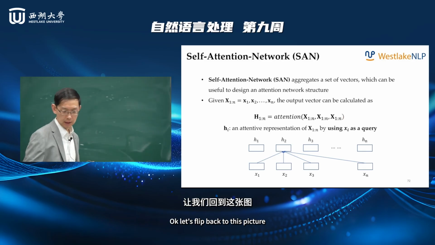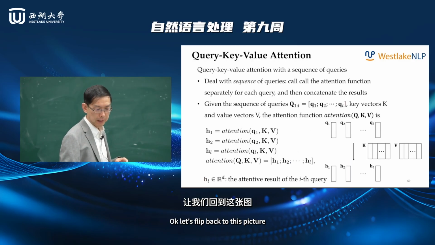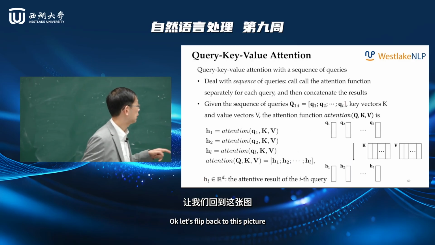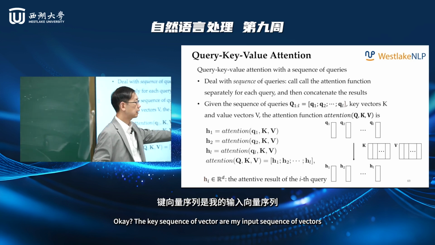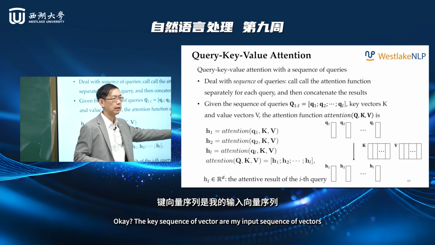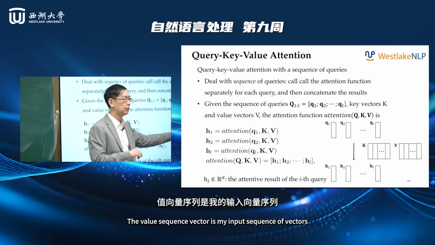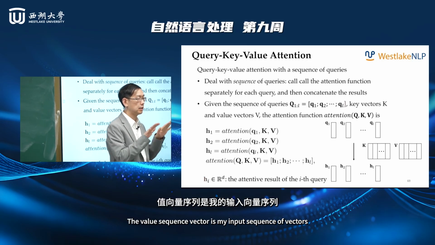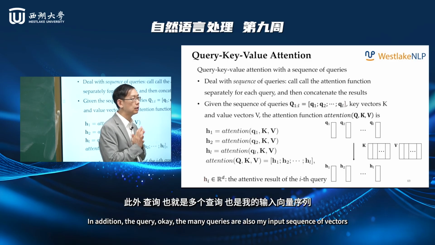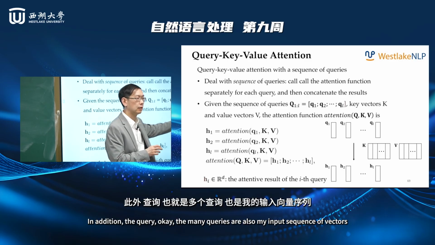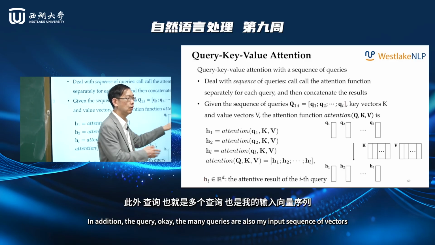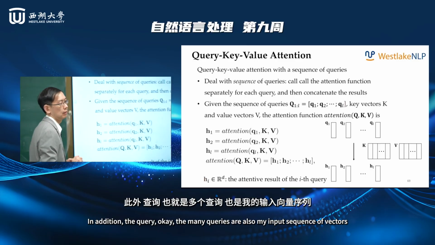Let's flip back to this picture. The key sequence of vectors is my input sequence of vectors. The value sequence of vectors is my input sequence of vectors. In addition, the many queries are also my input sequence of vectors.